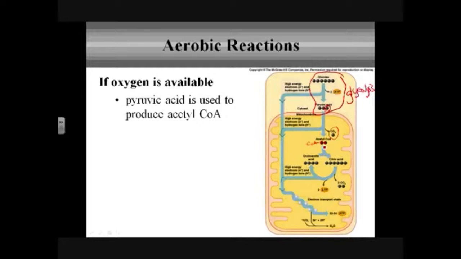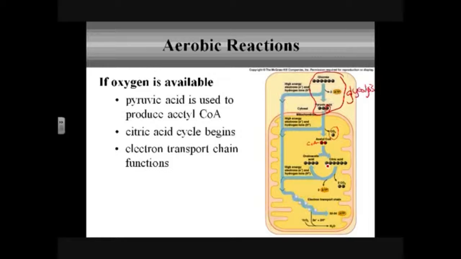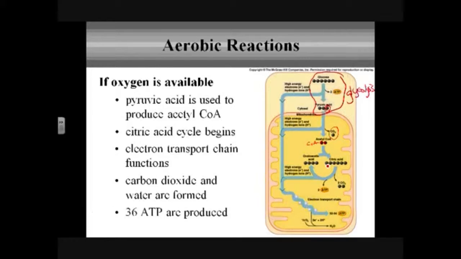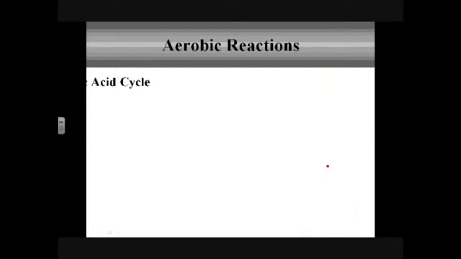So that coenzyme is going to make sure that this acetyl molecule will bond with the oxaloacetic acid in the citric acid cycle, in this next reaction. So the citric acid cycle begins, and then the electron transport chain will follow. Our waste products are going to be water and carbon dioxide. But we're going to get a pretty decent amount of energy at this point, 36 ATP total from the citric acid cycle and electron transport chain.